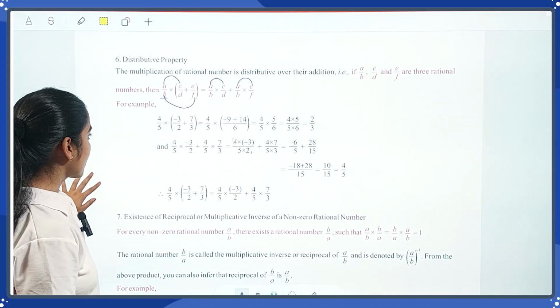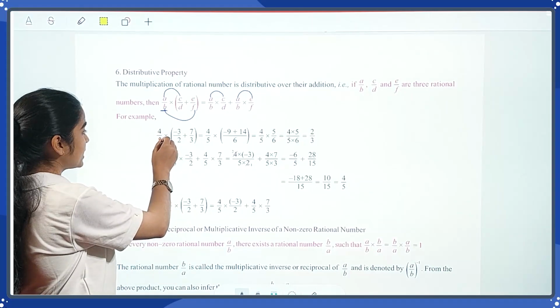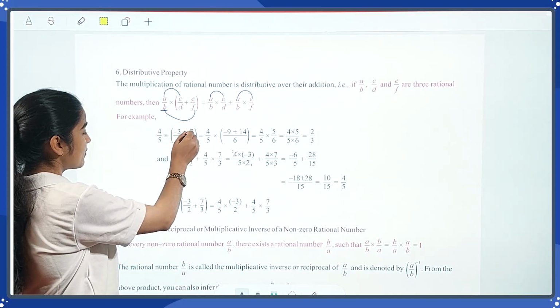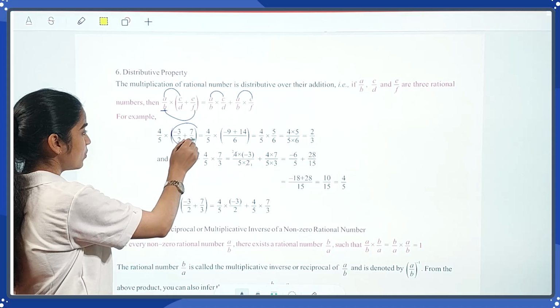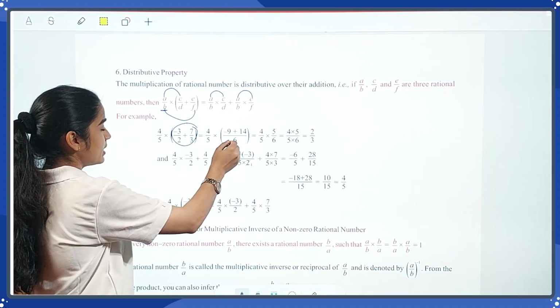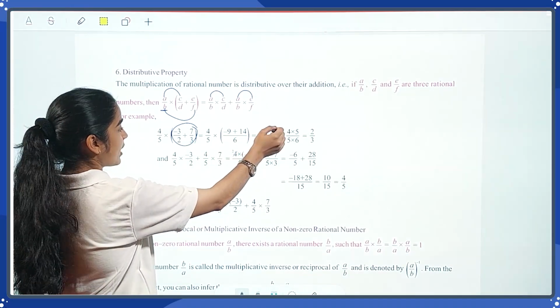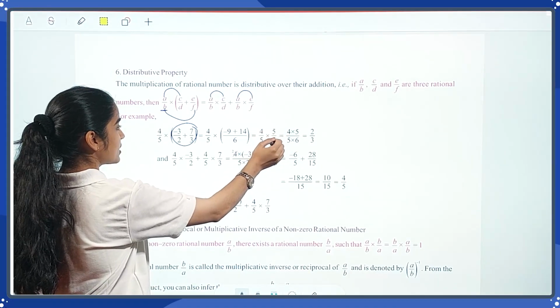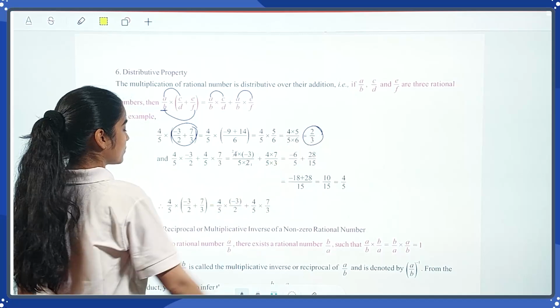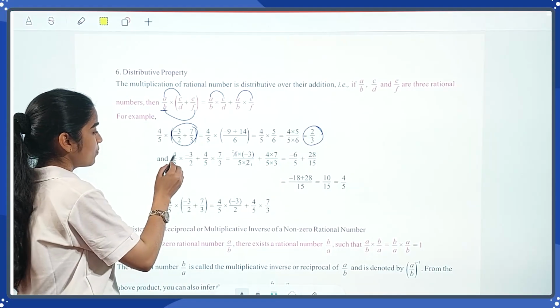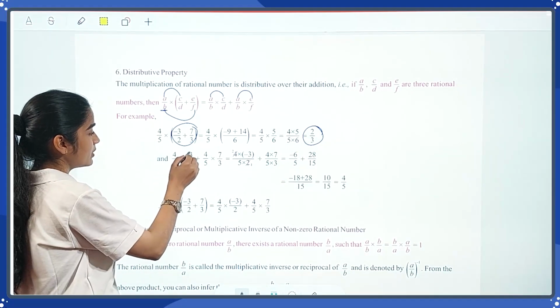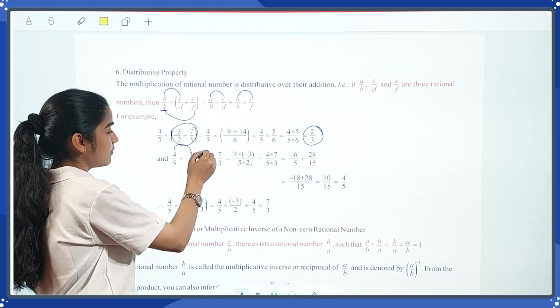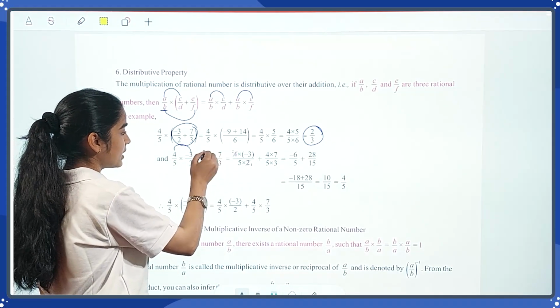So, 4 by 5 multiplied by minus 3 by 2 plus 7 by 3. First, you add the bracket numbers, and you will get 5 by 6. So 4 by 5 multiplied by 5 by 6, your result will be 2 by 3. With the same process, you first multiply 4 by 5 with minus 3 by 2, then 4 by 5 multiplied by 7 by 3.